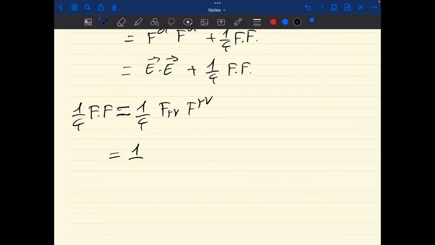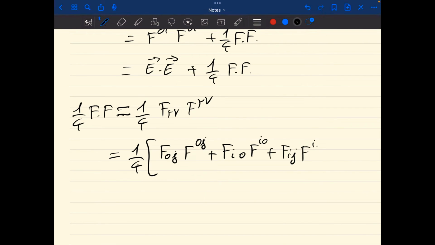So we have the sum of F_{0j}: when μ is equal to 0, ν can only be a spatial component, so j. Oppositely, when ν is equal to 0, μ can only take the value i, so 1, 2, 3. And then we have the mixed case, F_{ij}F^{ij}.